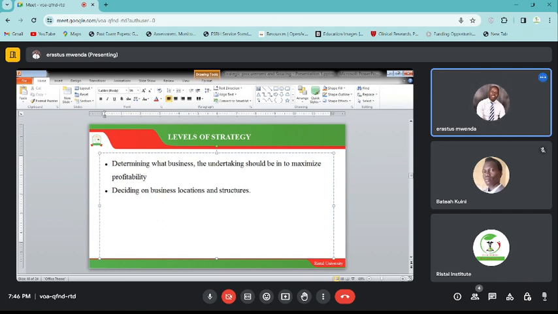And finally, we have what we call focus. So when you are using the focus strategy as proposed by Michael Porter, then focus is simply telling us that we have a specific market segment or niche that we are serving, and we need to tailor our products and services to meet the uniqueness of these segments.